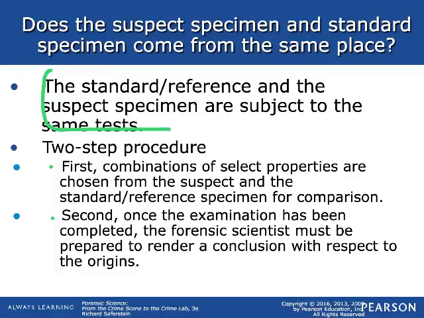Then the forensic scientist has to interpret that data and determine whether they are the same, very similar, or not the same at all. So two steps: the tests and then the analysis.